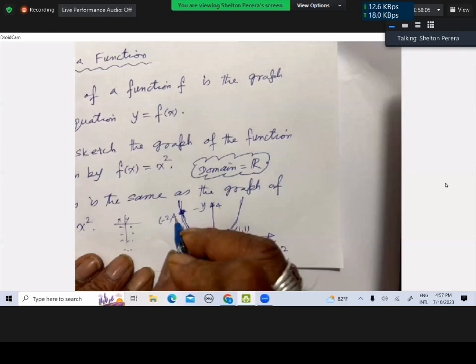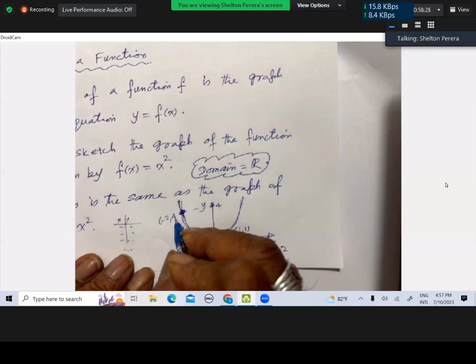Not only those, we sketched the shape, and you were asked to keep that in your memory. Graphs of functions. First one, the graph of f of x equals x squared.